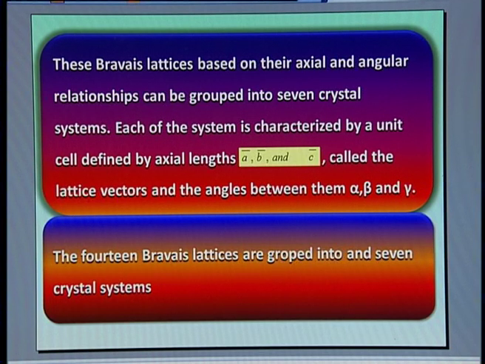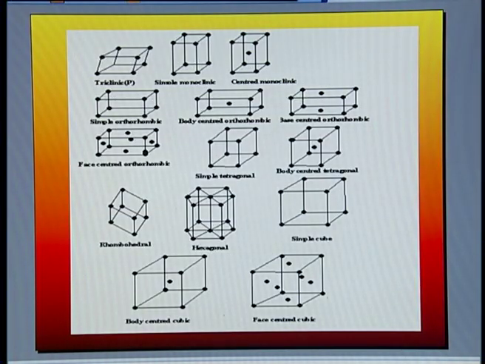Depending upon these values, the 14 Bravais lattices are clubbed into 7 crystal systems. That means one particular crystal system will have more than one Bravais lattice.